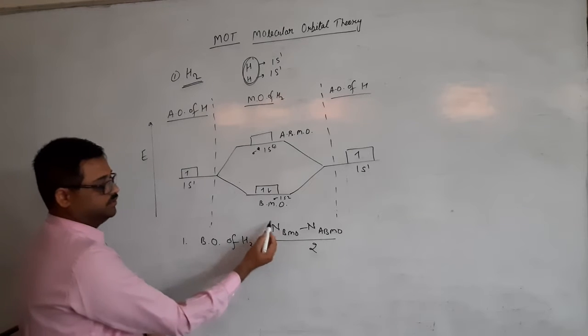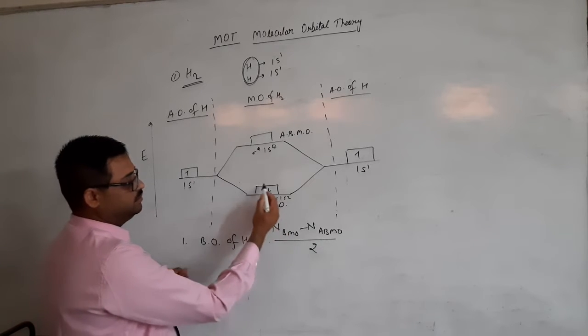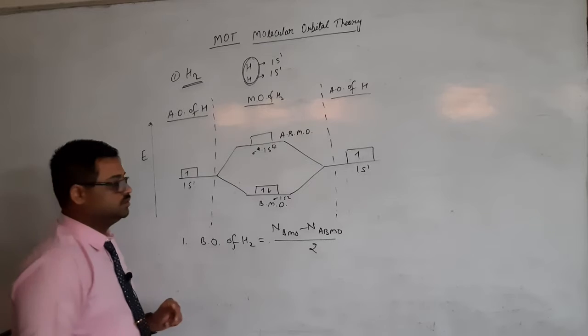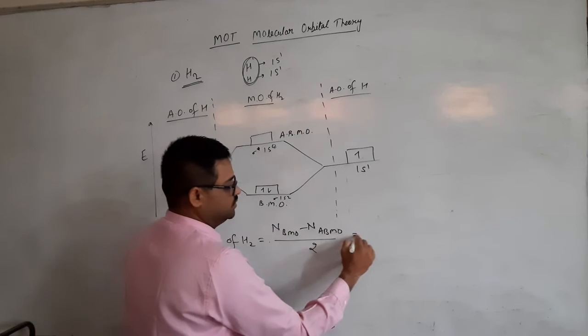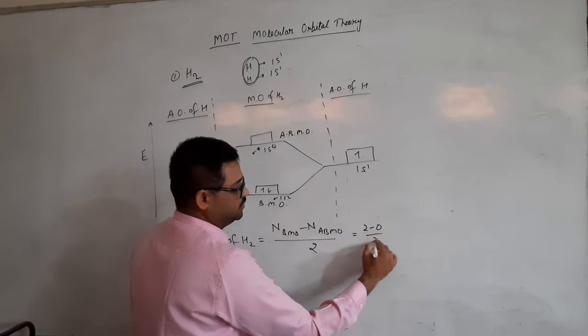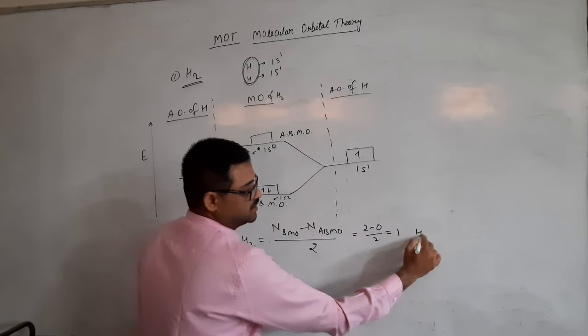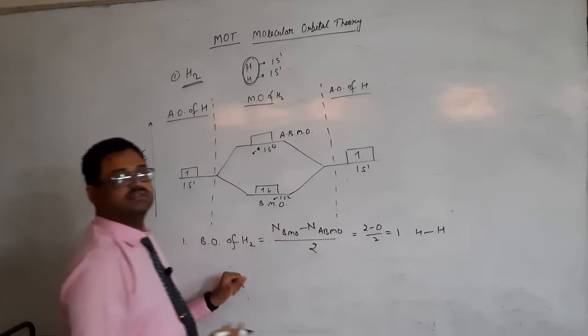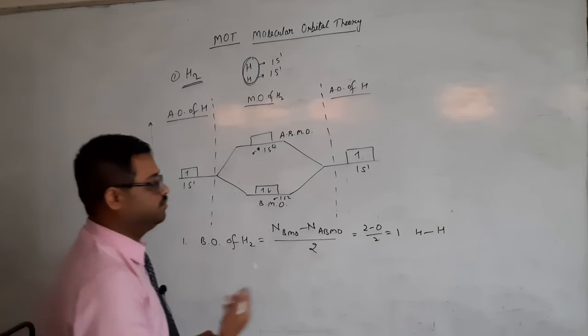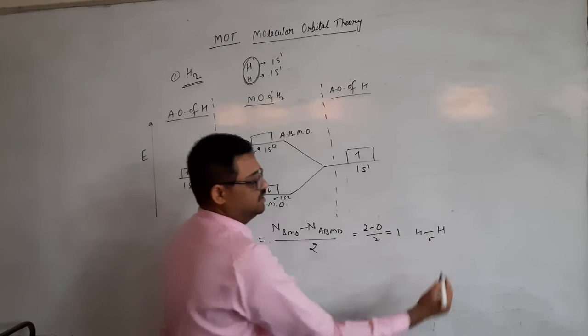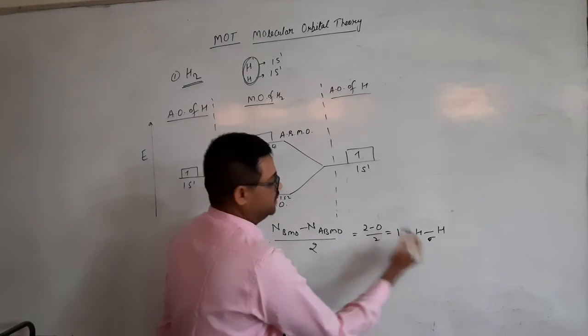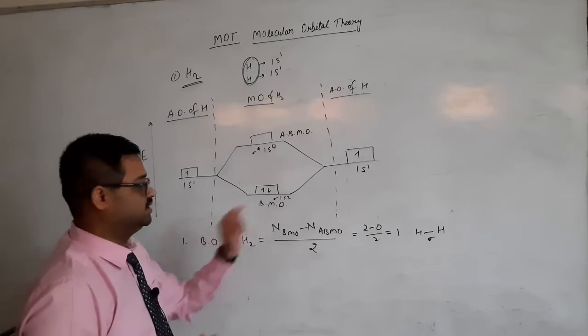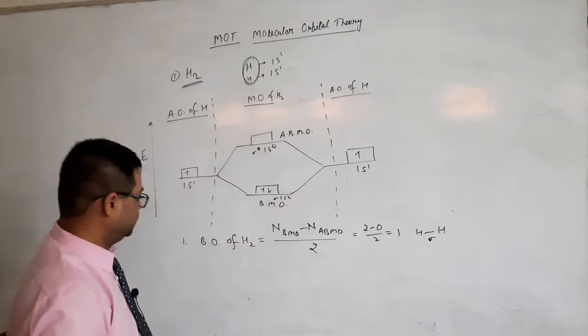You can see the number of electrons in BMO is 2 and in ABMO is 0. So it will be 2 minus 0 upon 2, that is 1. That means hydrogen and hydrogen have a single bond, and that bond is a sigma bond. Clear?